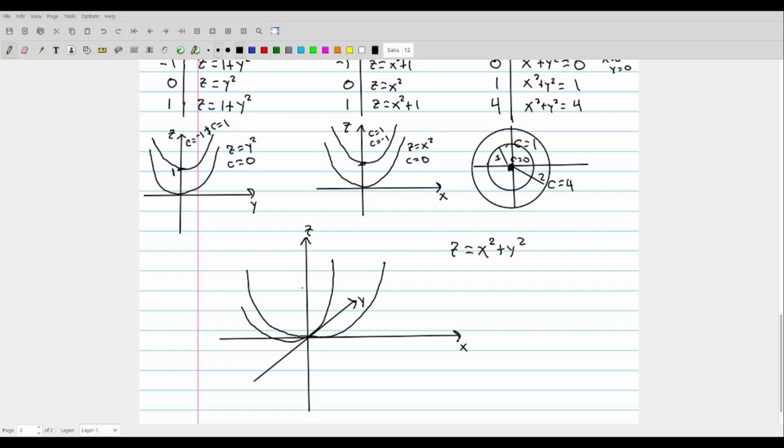And then for any fixed value of z, you have circles of varying radii. So for any fixed value of z, you have these circles. And you can hopefully see that this is in 3D, what's called a paraboloid.